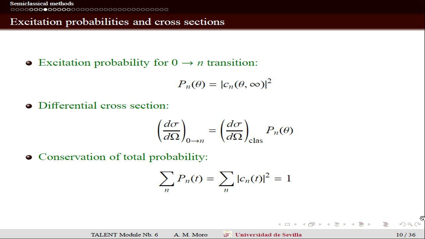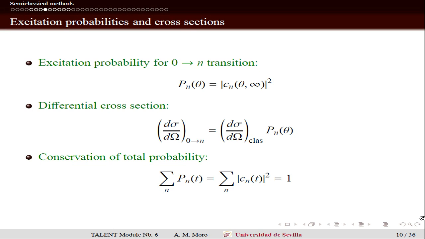There is a way, we are not going to enter into this discussion, but there is a way of taking into account these other channels. Imagine that a classical trajectory passes very close to the target, and this trajectory might produce some process that is not described by our simple model, not a simple excitation. The system, for example, might just fuse with the target.